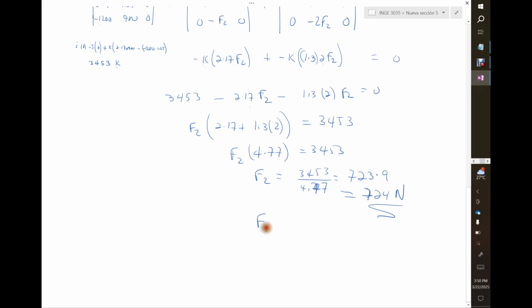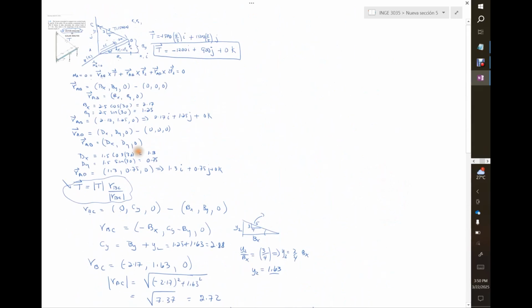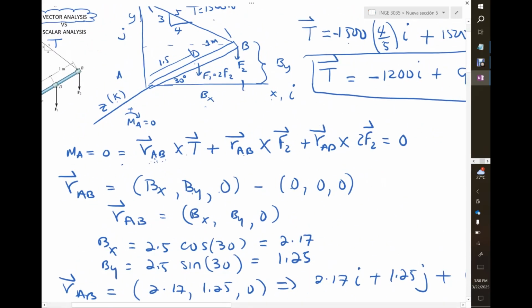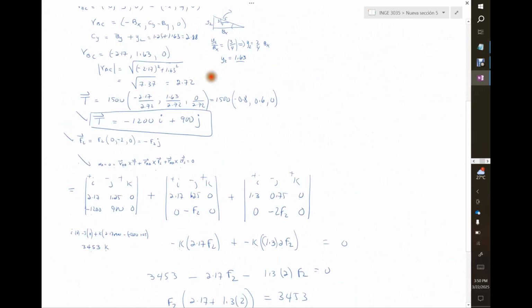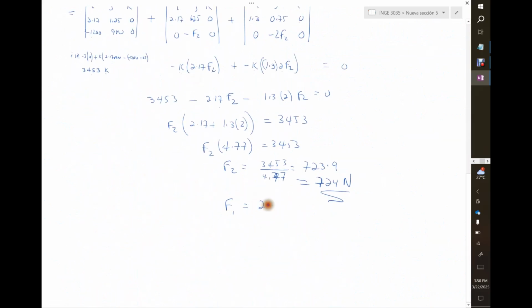That means that F1, by the definition here, F1 was 2 times F2, so F1 equals 1448 Newton, or about 1.5 kilonewton, and that would do.